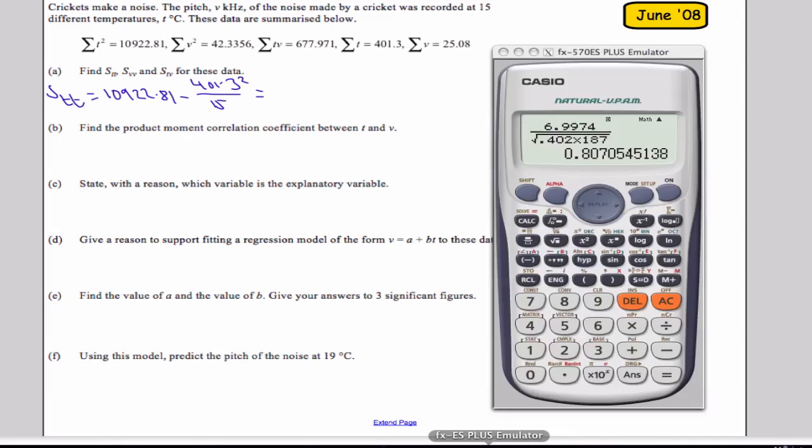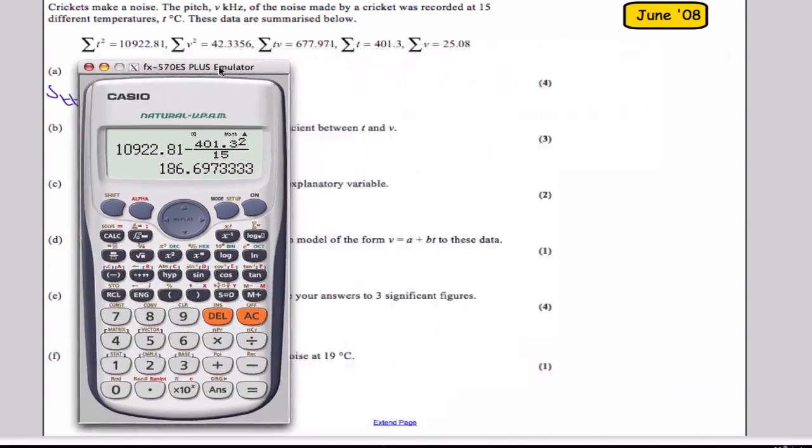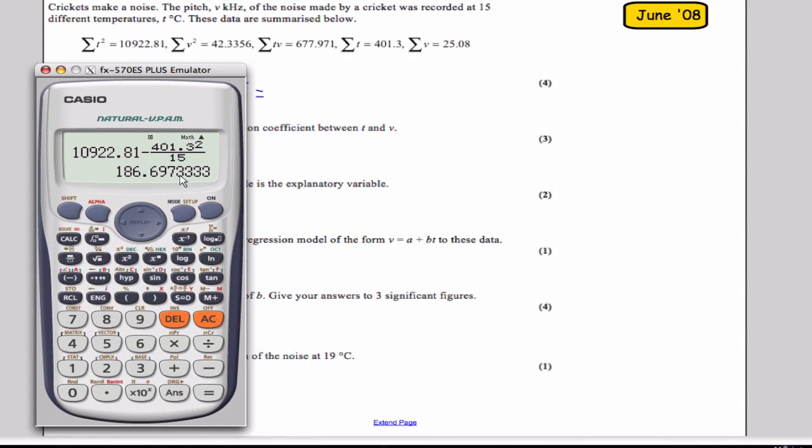So I'm going to plug these values into the calculator. 10922.81 minus 401.3 squared over 15, which gives me 186.6973333.